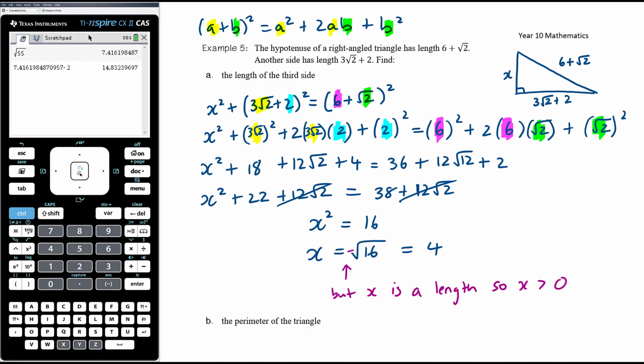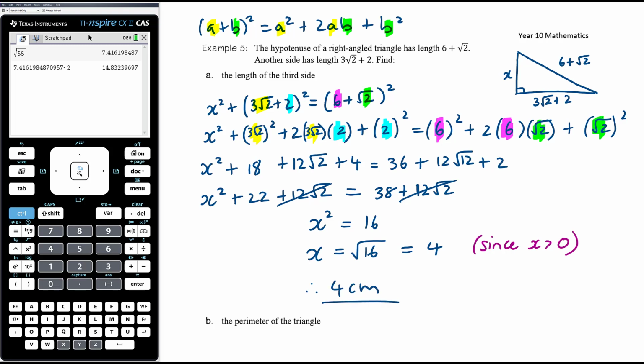So technically down the track we should really acknowledge why we ignored one of them, and we ignored it because x has to be a positive value because it's a length. And so we're finding the length of the third side, so therefore the third side hasn't got any units actually, so it's just 4 units.